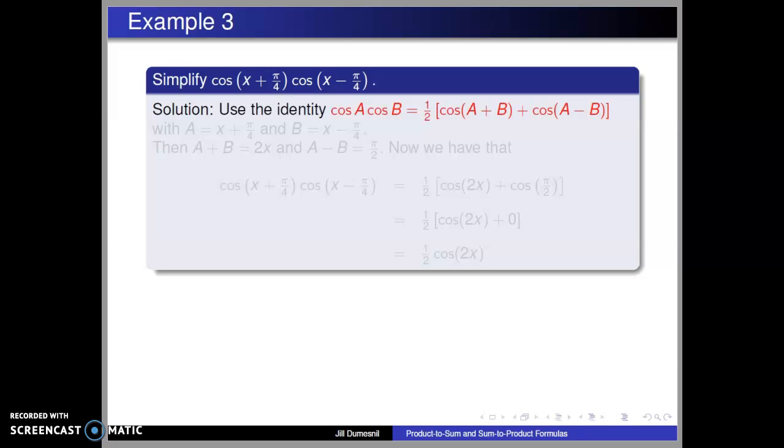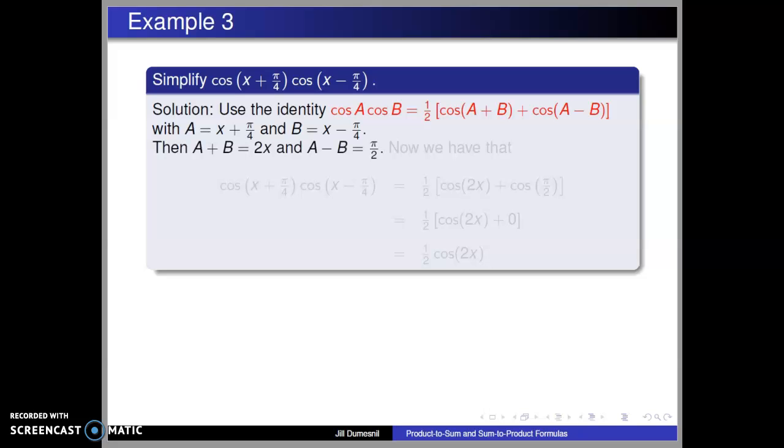We will utilize the identity cosine A times cosine B equals 1/2 cosine A plus B plus cosine A minus B. We'll let A equal x plus pi over 4 and B equal x minus pi over 4.